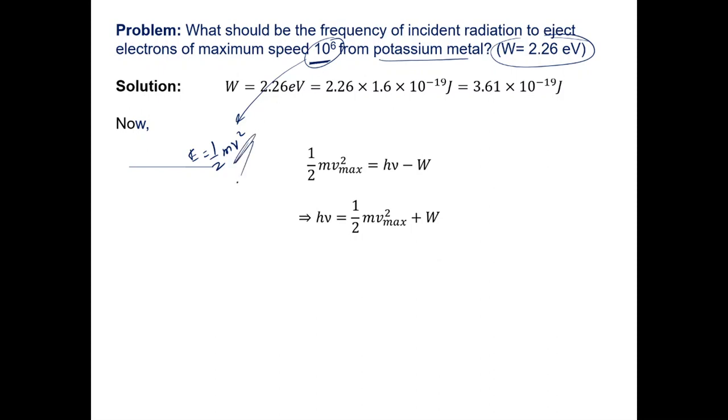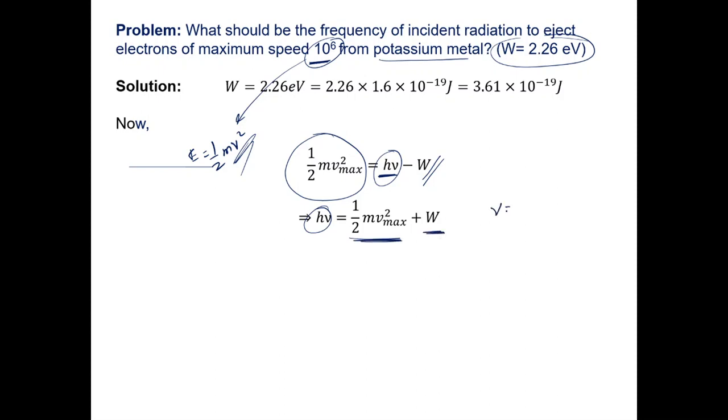So we know that the kinetic energy of the electron which comes out, in this case half mv square, is nothing but the energy of the incident radiation, which is h nu, minus the work function. If I rearrange, h nu, which is the energy of the incident radiation that we are looking for, is nothing but the kinetic energy of the electron plus the work function.